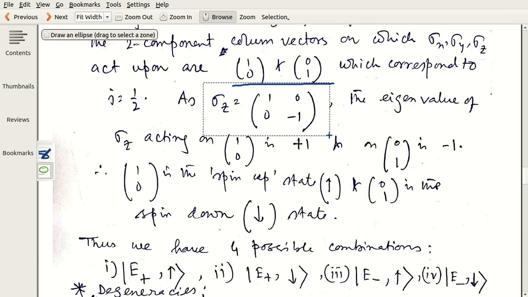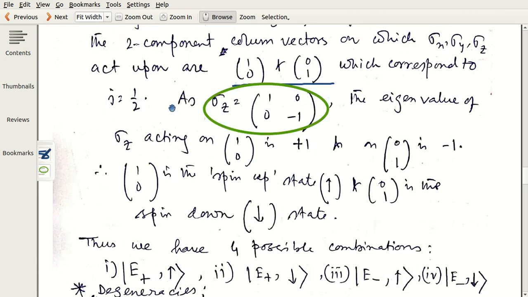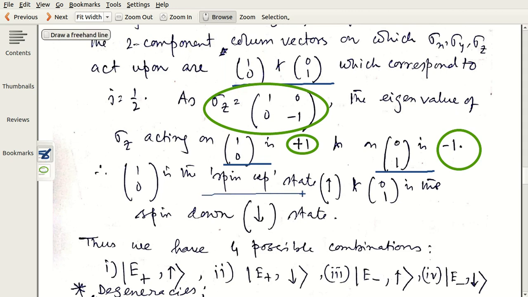So we knew that when sigma z acts on 1 0, it gives us the plus 1 eigenvalue, and when sigma z acts on 0 1, it gives us the minus 1 eigenvalue, and for this reason 1 0 is known as the spin up state.